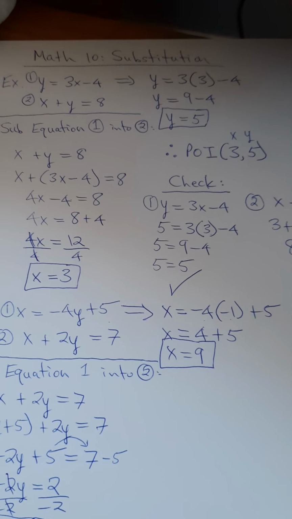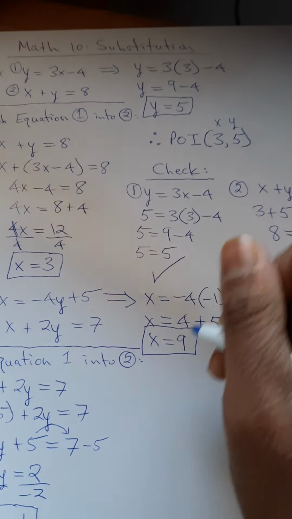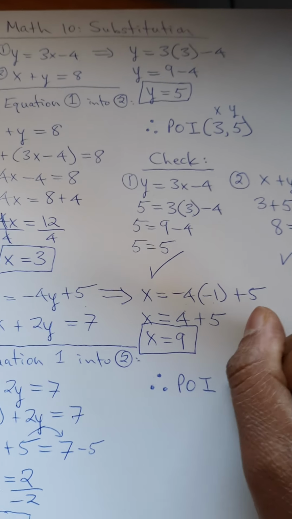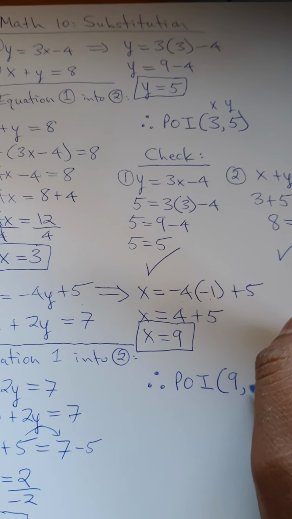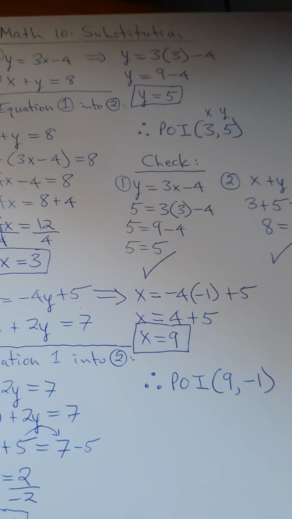Everyone see that? So I have my x value and my y value, so I'm going to write my point of intersection. Always write the x value first, so 9, negative 1 is the point of intersection.